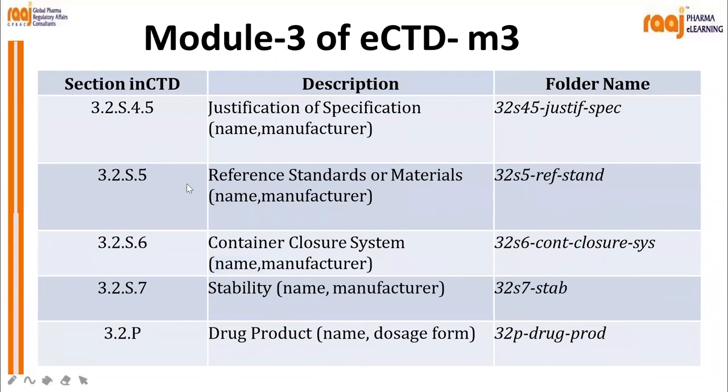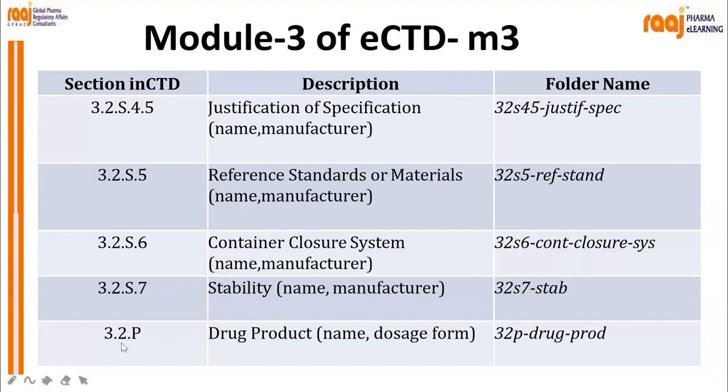Whereas S5 is not divided, it talks about the reference standard of the material, and S6 talks about the container closure system, S7 talks about the stability of all these sections. S means substance, drug substance. So for S1 to S7, we have to compile all the data relevant to your drug substance.